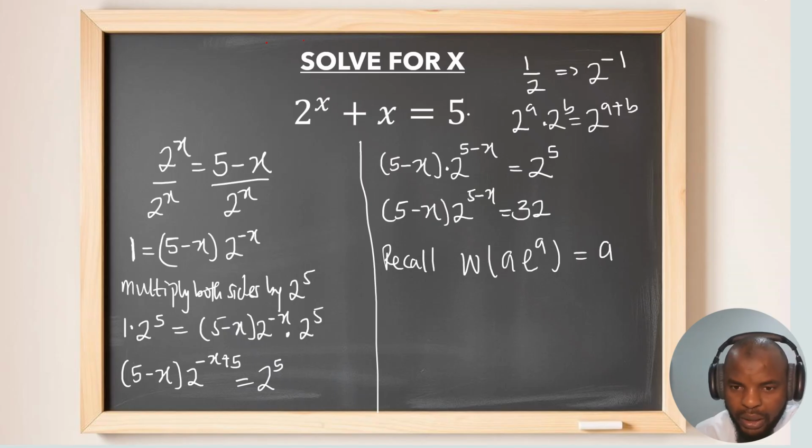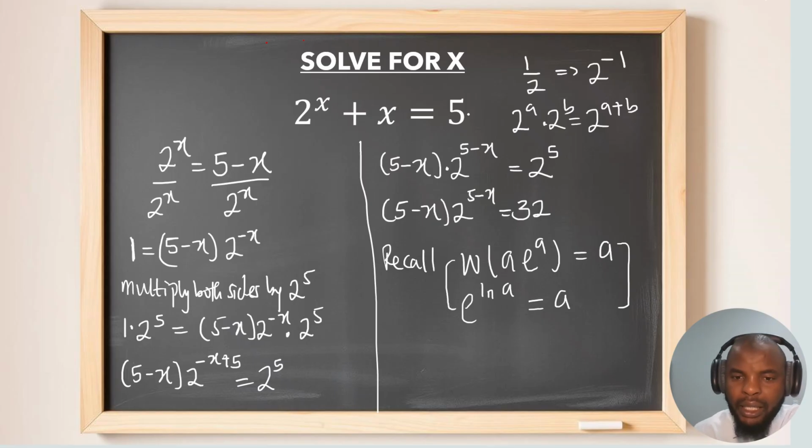So a exponential a equals what? A. So this is the Olympiad function. And also recall that when you have exponential and natural log of a value, the exponent and the natural log are going to cancel out and you still have a. So these two equations are needed. Now, going back to my previous equation, let me call this equation star.